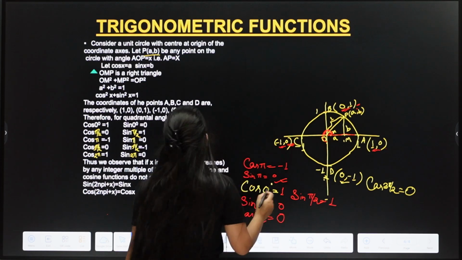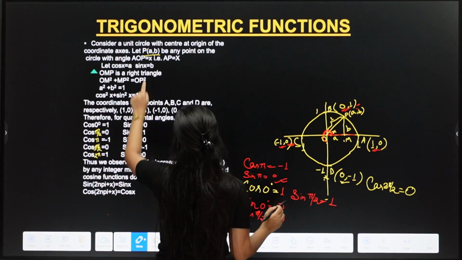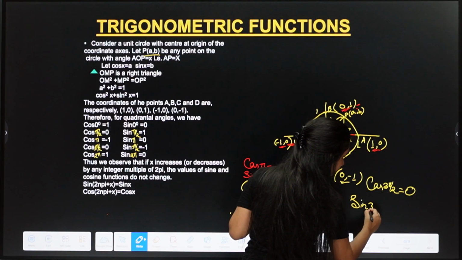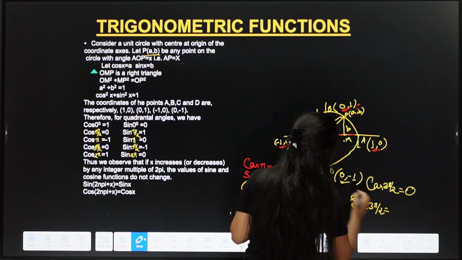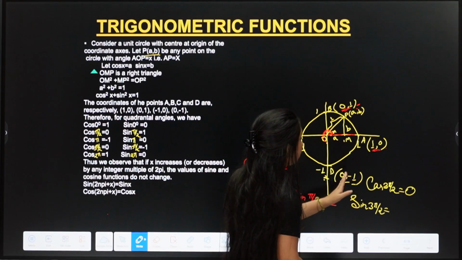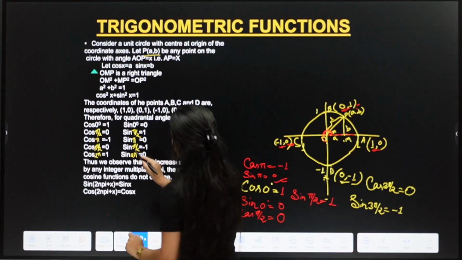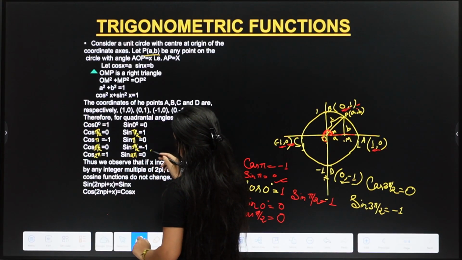Again, if we put x equal to 3 pi by 2 in sin x, then sin 3 pi by 2 is equal to -1, since here the b coordinate is -1. So sin 3 pi by 2 is equal to -1.